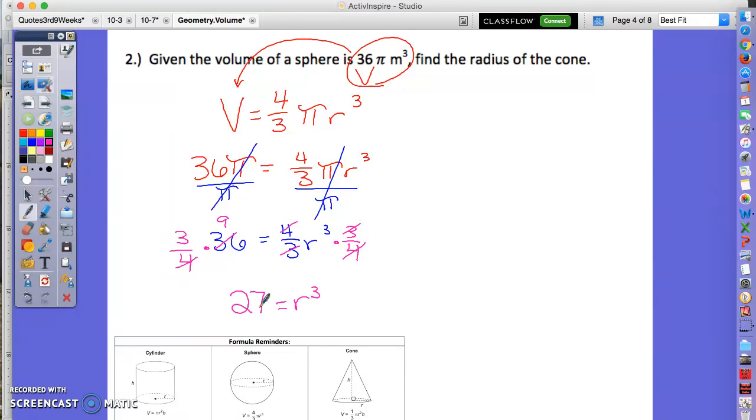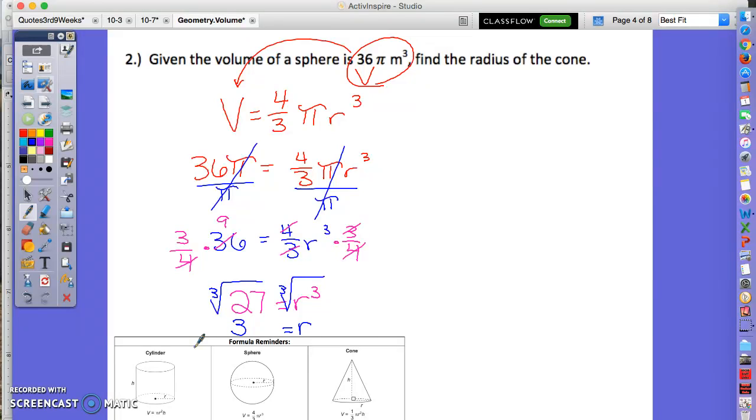Last step, what is the inverse operation of cubing? R cubed could be isolated by taking the cube root. If you take the cube root of both sides, you would end up with R equals 3.